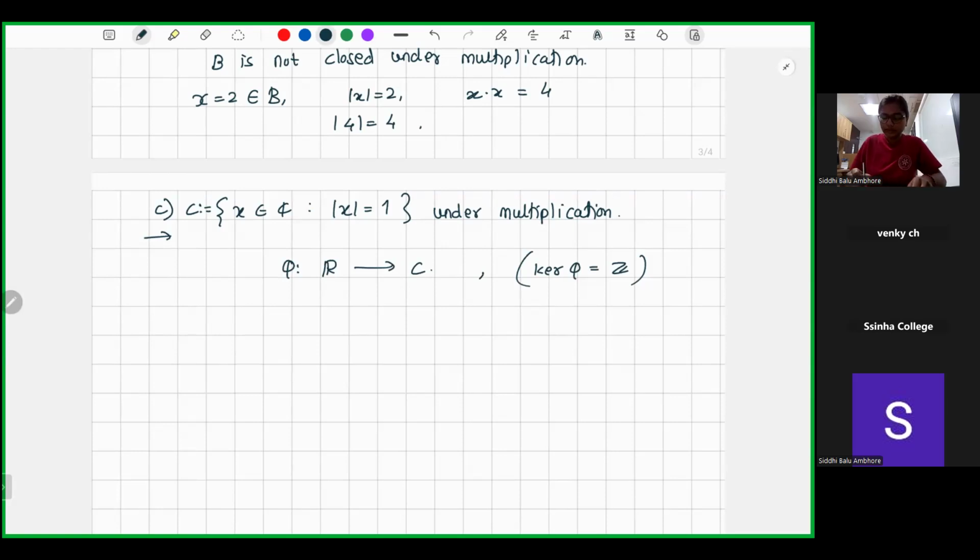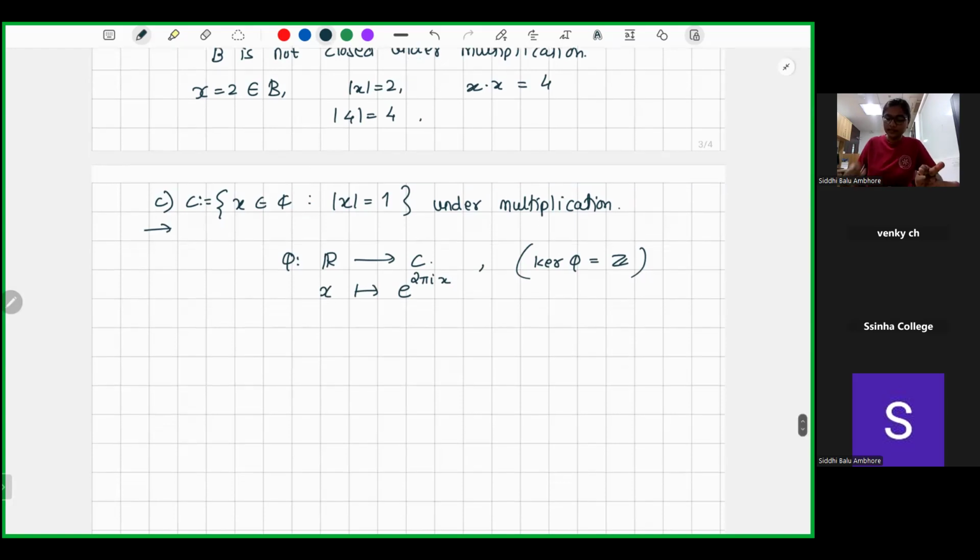So we can have this x going to e power 2 pi ix. Okay, and this is actually x going to cos 2 pi x plus I sine 2 pi x.